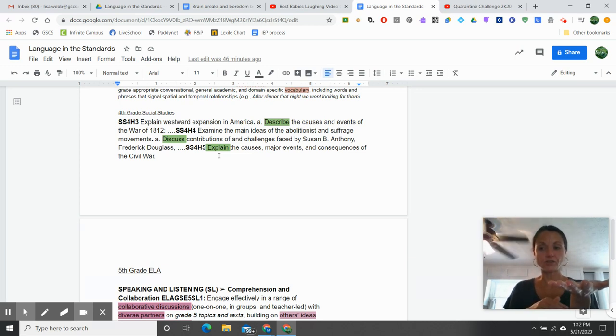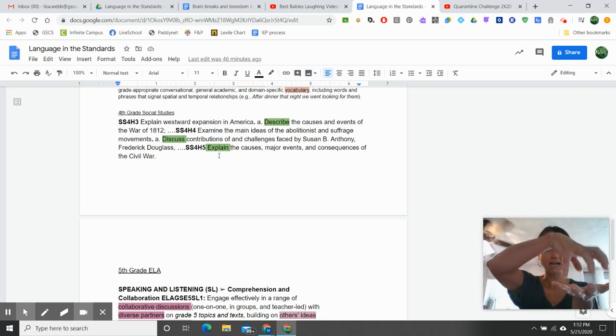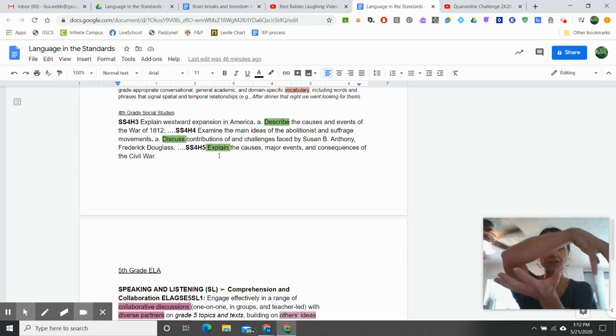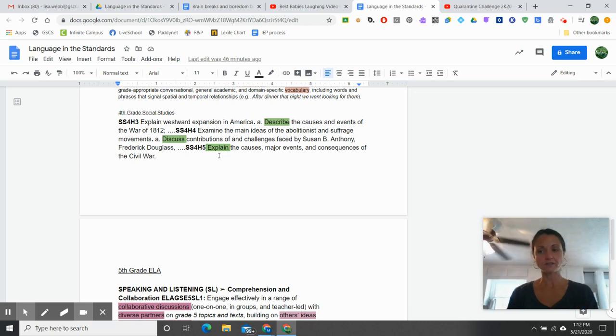That's what the teacher's teaching, and the kid needs to apply all of this language information to it. So if the child doesn't have this language base and the teacher's teaching these concepts, the concepts are just going to fall because they don't really have anything to hold them up.